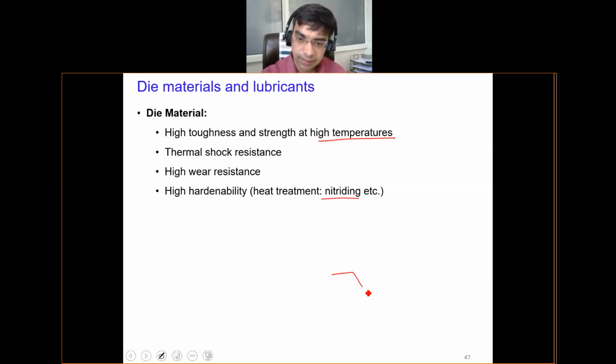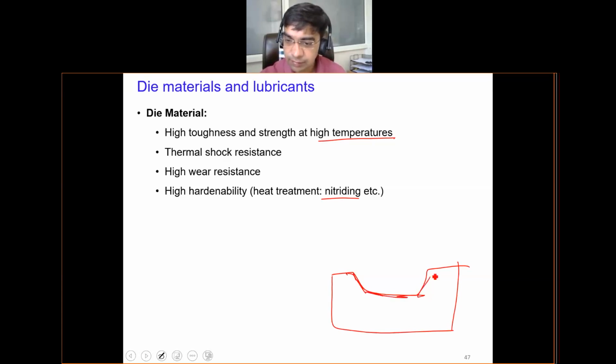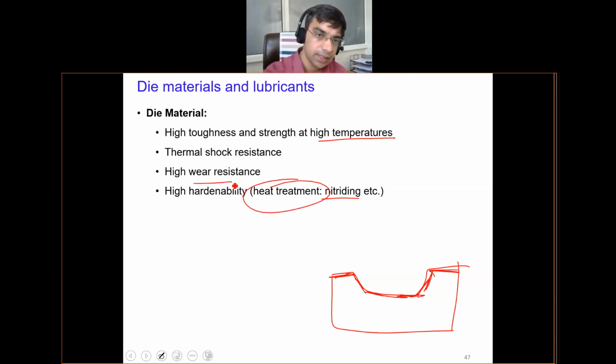If I am developing a die, I will give extra hardness to the surface of this die where the heated billet will come in contact. Using heat treatment, I give a layer of high hardness, thereby increasing the wear resistance or the strength of this die.